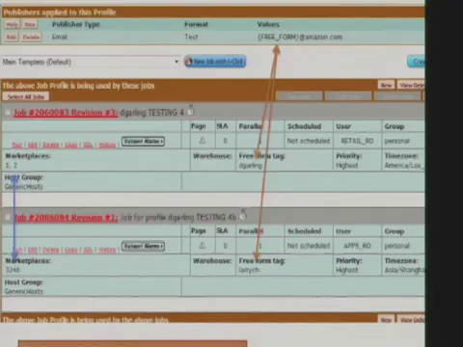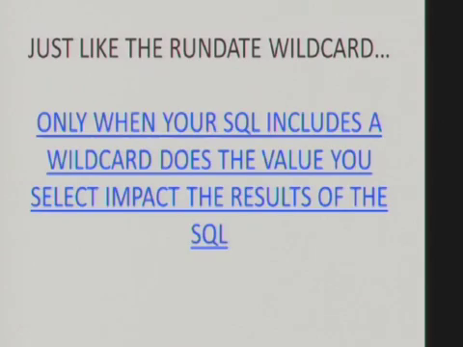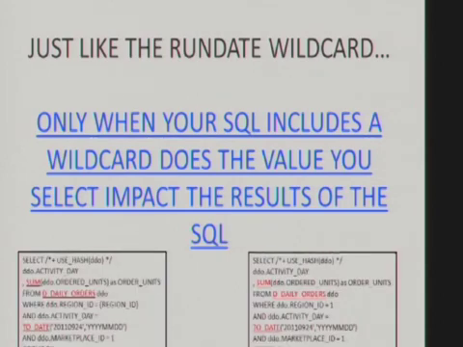All right, and so probably already obvious, but in case it's not, just like with the run date wildcard, your query is only limited by the run date if you use the run date wildcard. Same goes for these wildcards. I've got two versions of the same query here. One that's limiting to region ID equals the region ID wildcard.